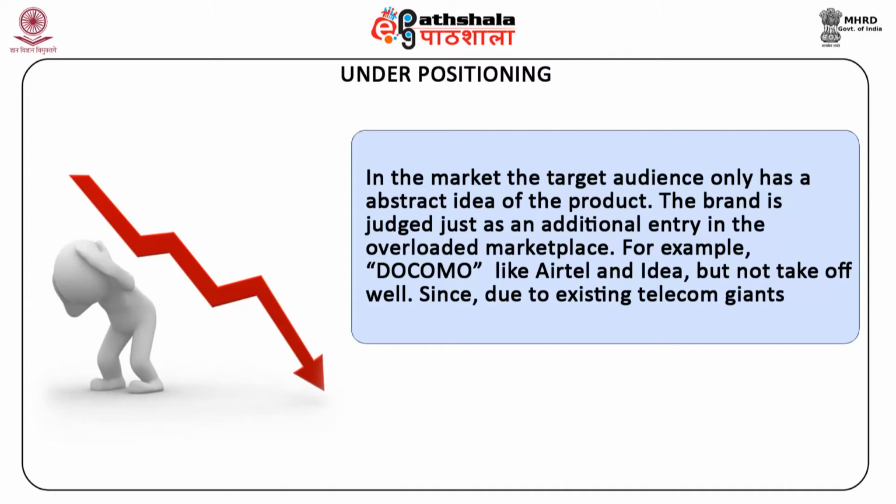The brand is judged just as an additional entry in the overloaded marketplace. For example, Docomo, like Airtel and others in India, did not take off well, due to the existing telecom giants.